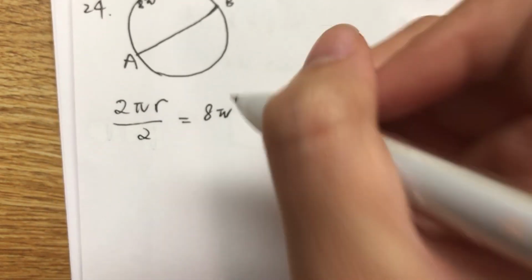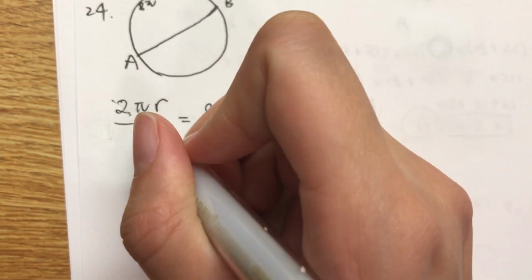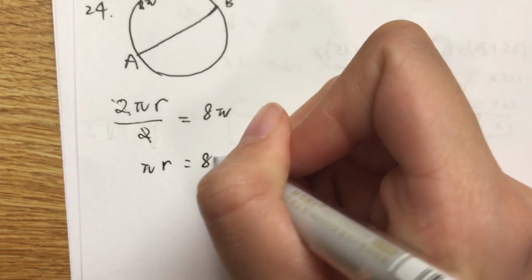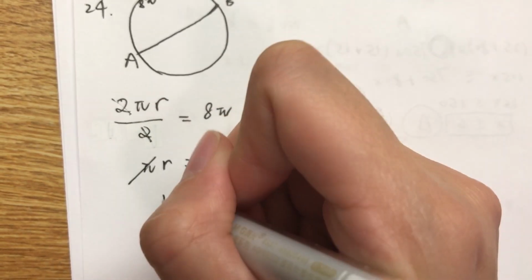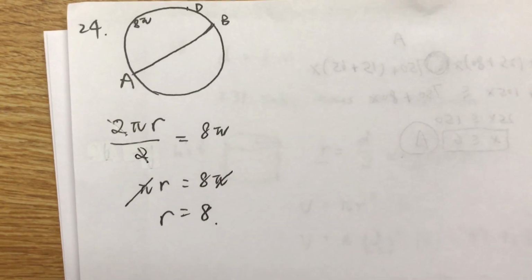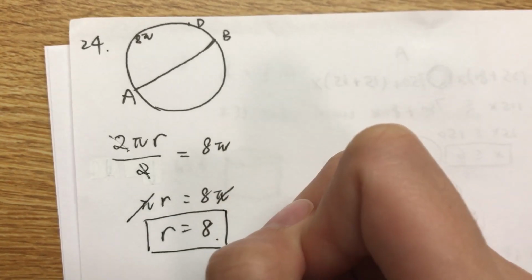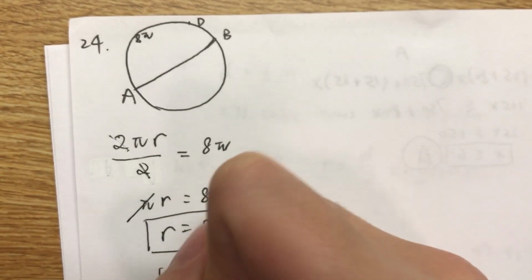So pi r is equal to 8 pi, divide by pi, and r equals 8. So from here, we know that r is equal to 8. Therefore, the correct answer is choice C.